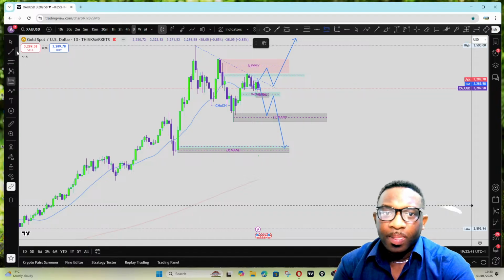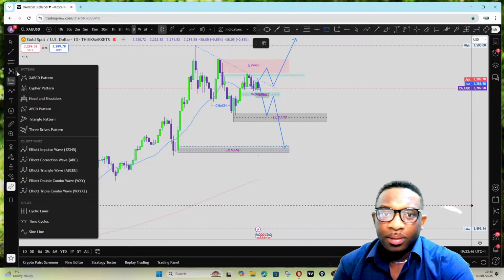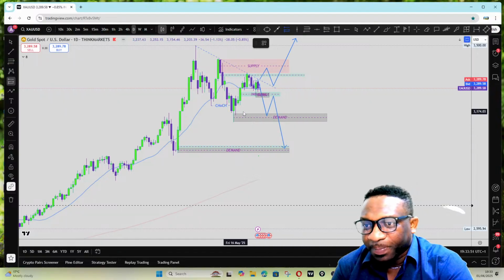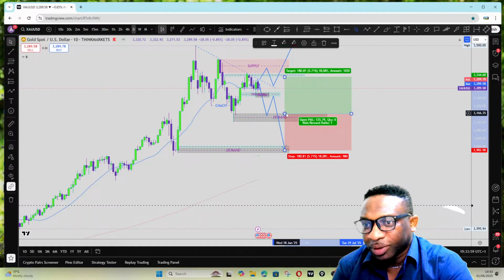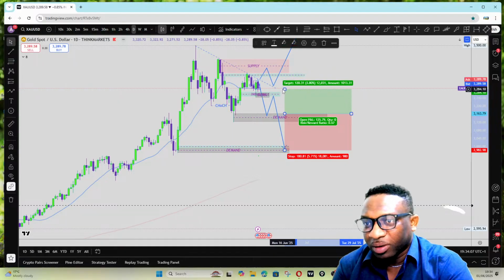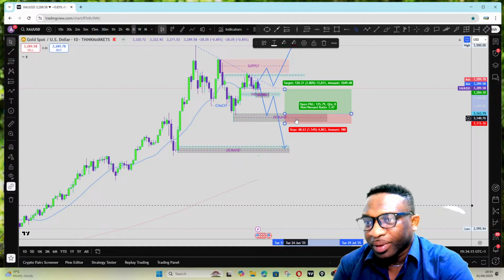So for instance, if this is an area you've targeted to be a place you want to take your trade, either you put your buy limits there, target it to the next area that's of interest. Your stop loss goes below the demand area there. So this is how you look to trade it.